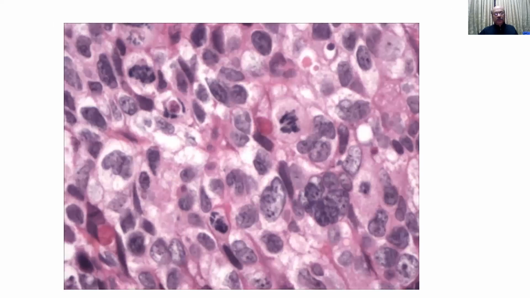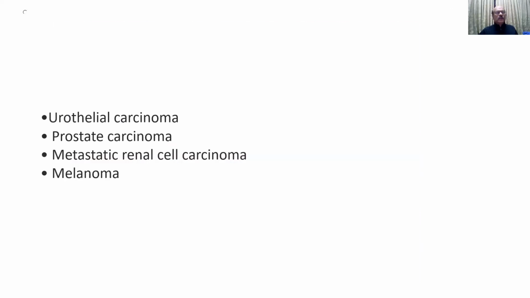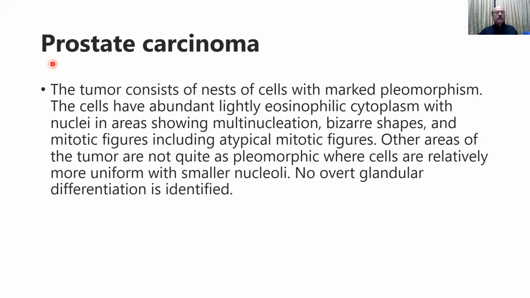Highly pleomorphic tumor. So here the choices are urothelial carcinoma, prostate carcinoma, metastatic renal cell carcinoma, and melanoma. So these are choices. But finally, it came out as prostatic adenocarcinoma.